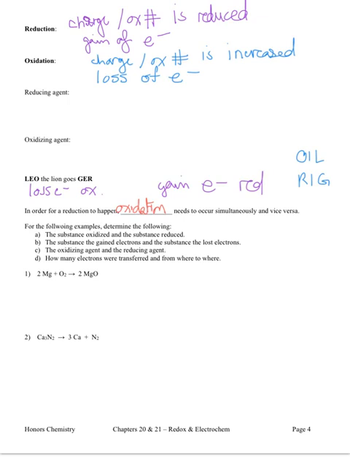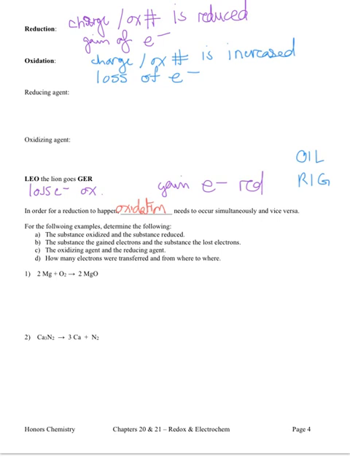So the way that you figure this out is you assign oxidation states to every single species in your reactants and in your products, and you look at which ones changed their oxidation states. So let's do that real quick. So the magnesium in the front here as your reactant, this is just elemental magnesium by itself.